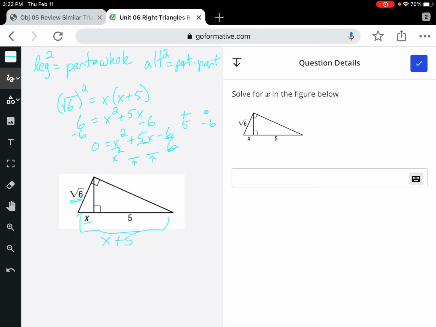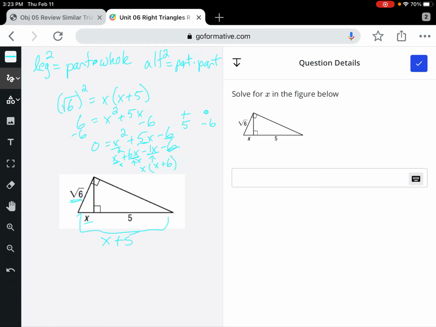Okay, so what numbers multiply to be negative 6 and add to be 5? For this, it's going to be plus 6x minus 1x, and then minus 6. Because positive 6 times negative 1 is negative 6, and positive 6 plus negative 1 is 5. From here, you find the greatest common factor of these terms, which in this case is x.